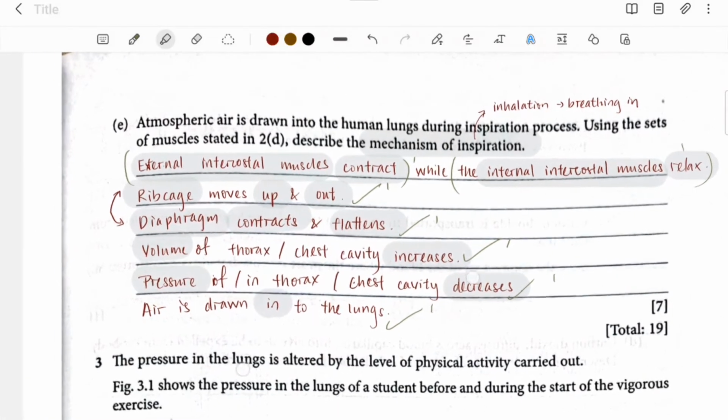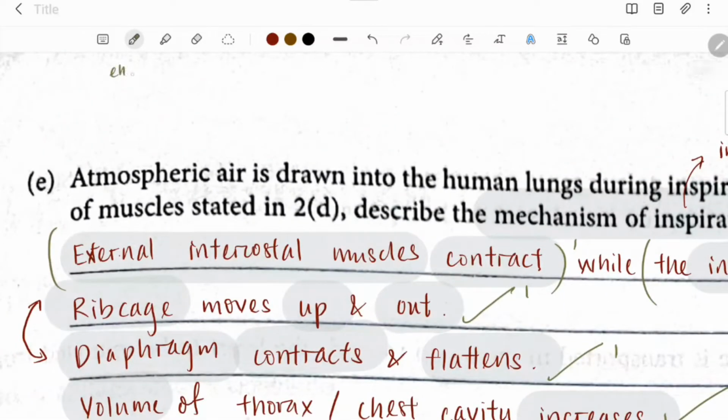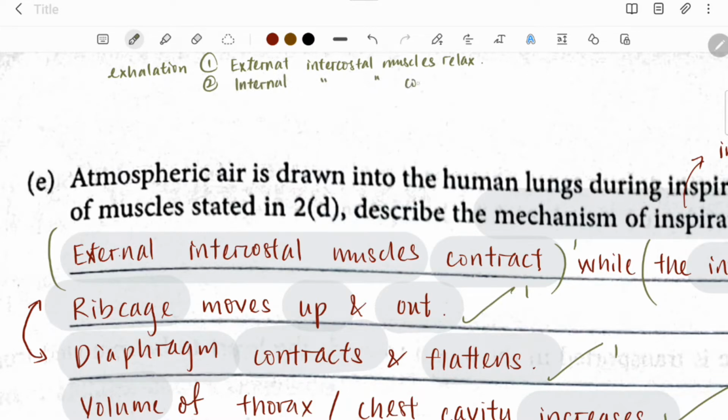So this one I write here, if exhalation, first point, external intercostal muscle relax, and then internal intercostal muscle contract.